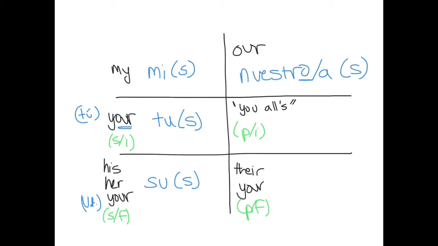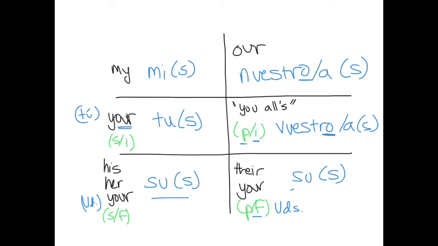You all, so in Spain, plural, informal, so for a group of friends, we say vuestro. Again, this ends in O, so it can end in A, and it can be made plural. And lastly, their or your. In this case, your is referring to ustedes, so plural formal would be su, and the plural would be sus.